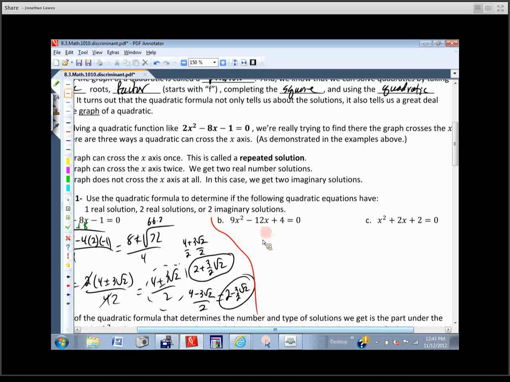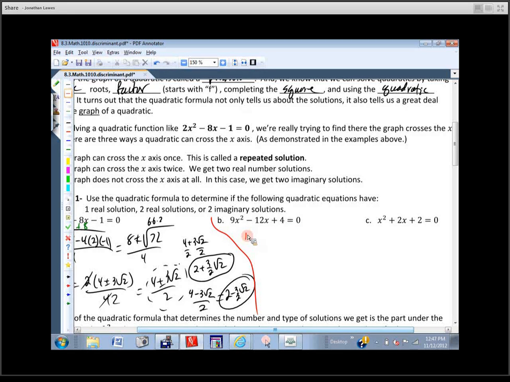Let's see, these are a little bit bigger numbers, but let's take a good look at this. This is going to be opposite of b, so that's going to be 12, plus or minus 144, minus 4 times a times c, so that's going to be a 9 times a 4, all over 2 times a, so that's an 18. So fairly big numbers, but again, let's make sure we get this underneath here correct. 144, add or subtract?